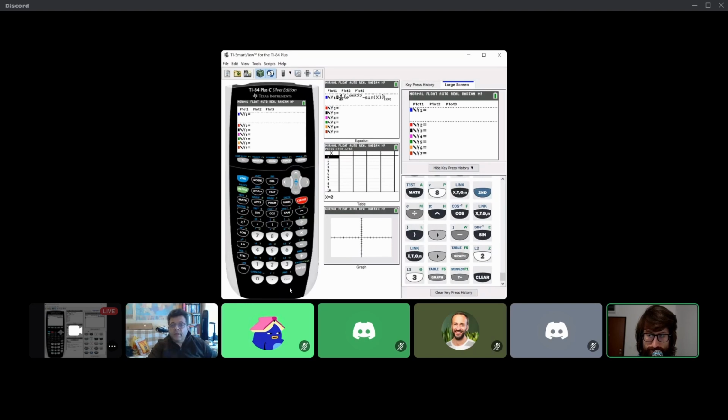It's negative sine x times e to the power of cosine x, and then minus cosine x, right?